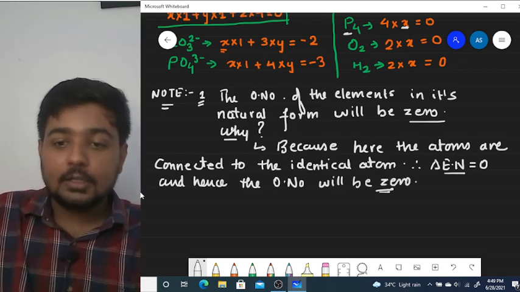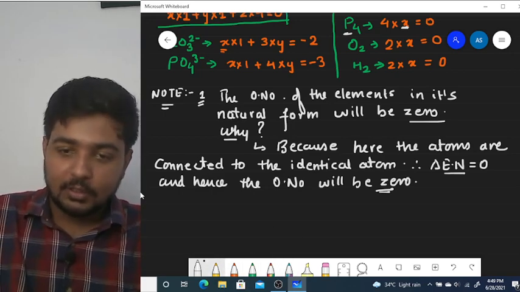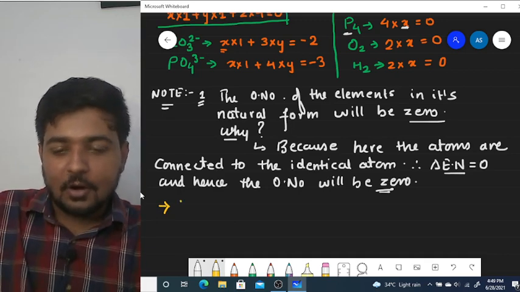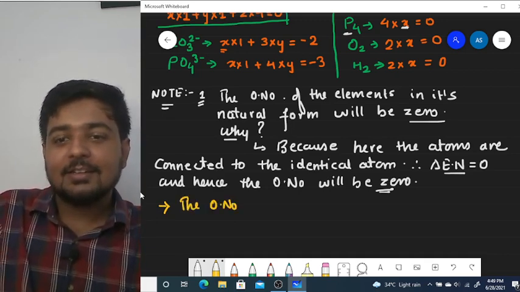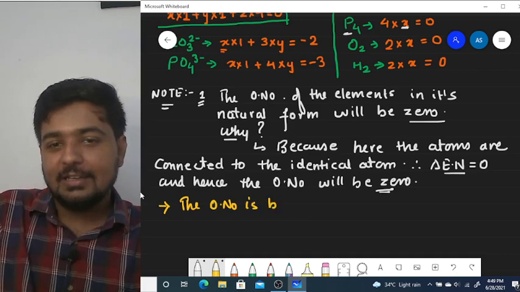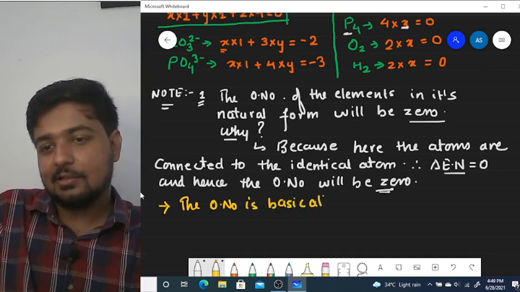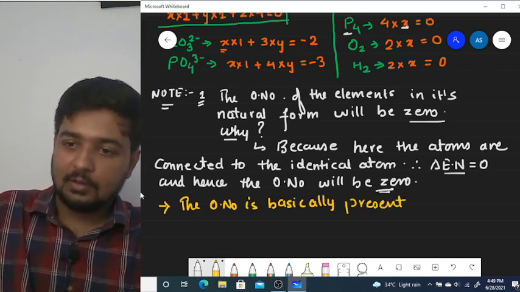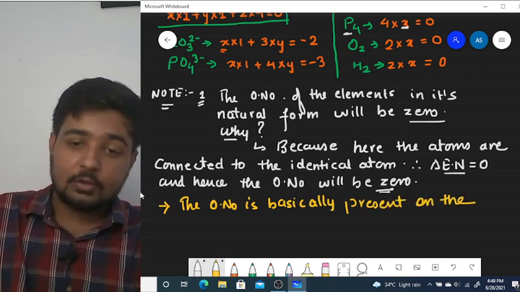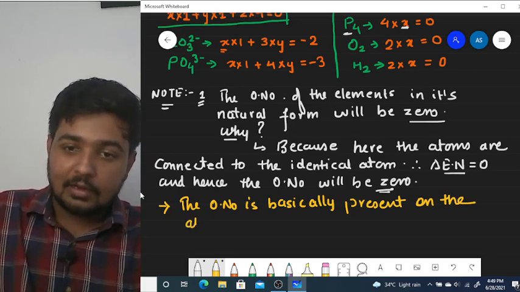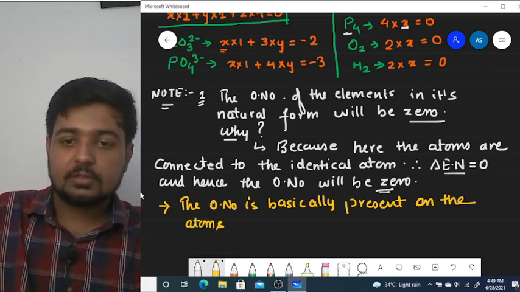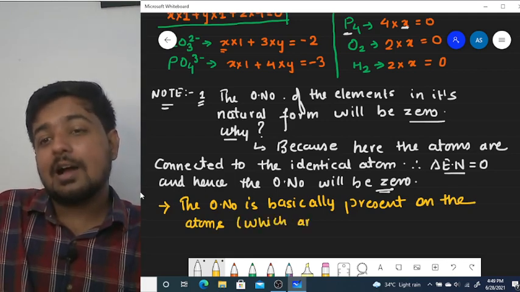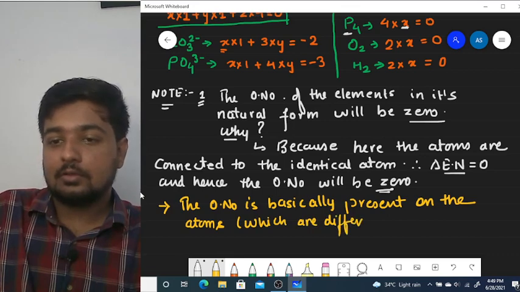And from this point, one more point you will conclude: the oxidation number is basically present on the atoms which are different.